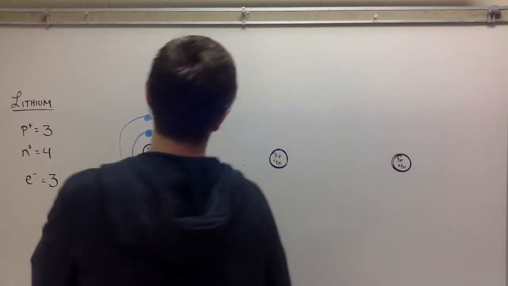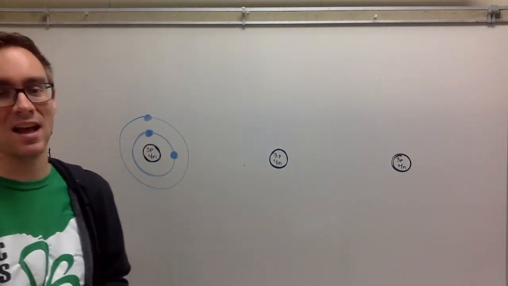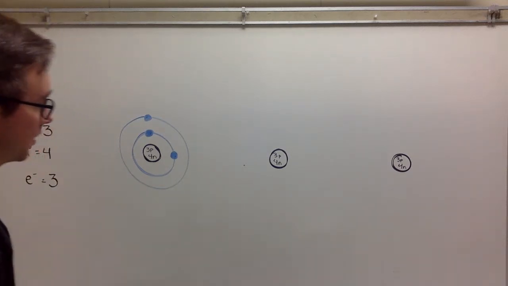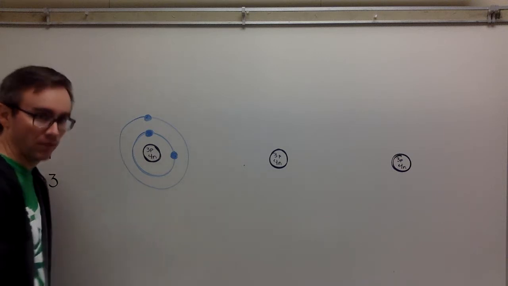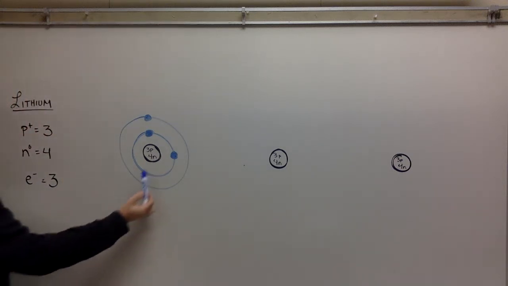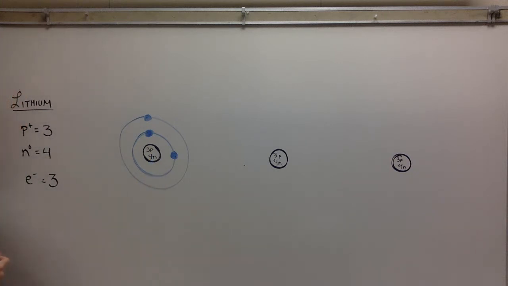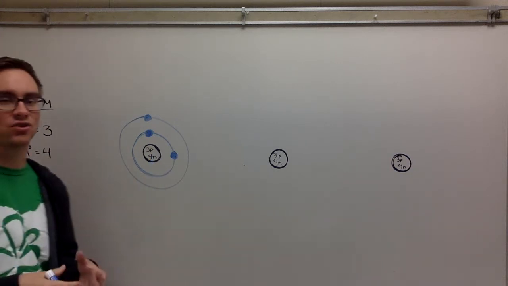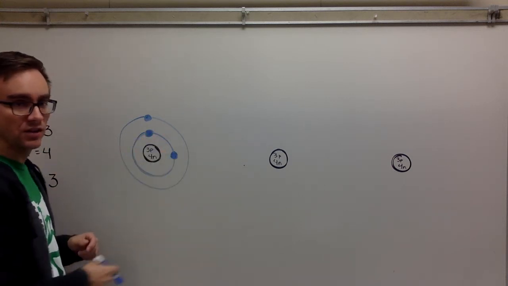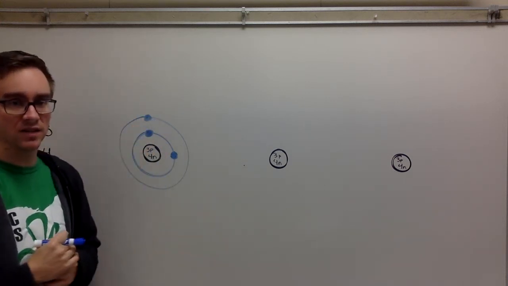All right, so I'm going to talk a little bit about that here. We're going to do this example. I wanted to use an easy atom, easy one to draw with Bohr models, and that's lithium. First things first, let's think about what we have with our Bohr model. We have 3 protons and 4 neutrons in our nucleus. Remember, the purpose of a Bohr model is to really look at the electrons. So we have our 1, 2 in our first energy level, and we have 1 valence electron in our second level.